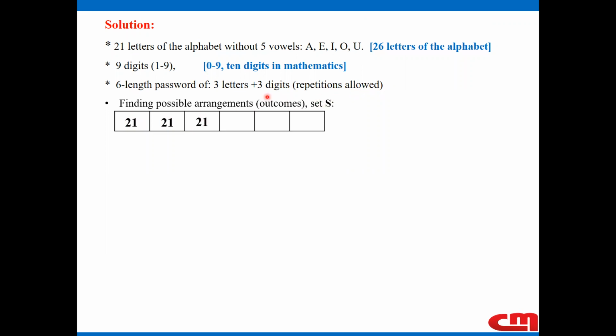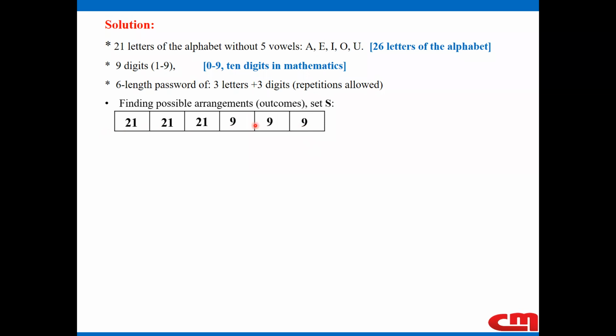Now I'm done with the letters. I go to the digits. I have 9 digits. That means for the 4th position, we have 9 digits to choose from. Therefore, we have our position 4 with 9 choices. Since repetitions are allowed, for the next position again we have 9, and for the last one, we have 9.